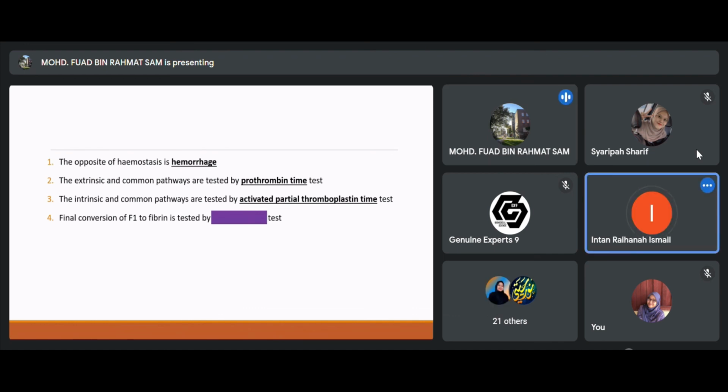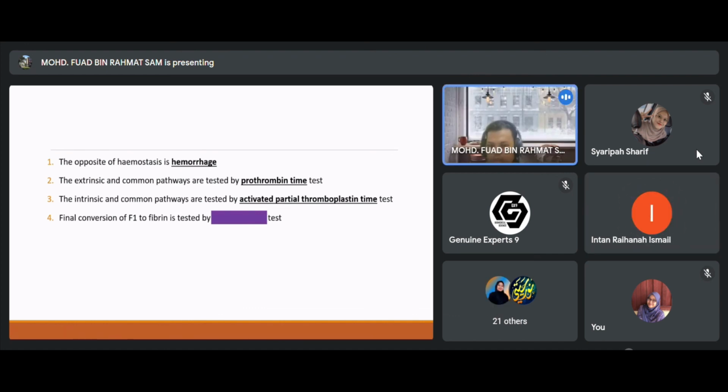How about number 4 ni, Intan? Thrombin test. Thrombin time test. Great.